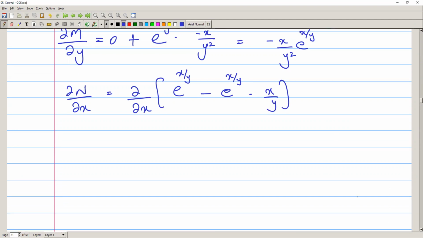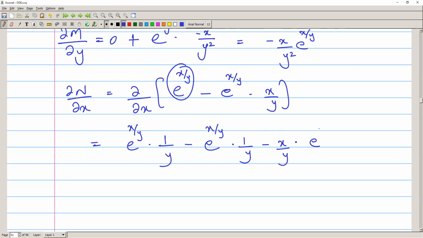Now differentiating, the derivative will be e to the power x over y times 1 over y times the bracket, minus x over y times e to the power x over y times 1 over y.